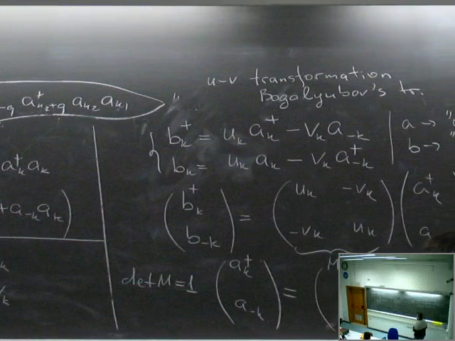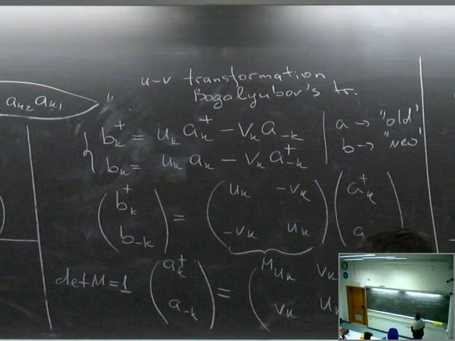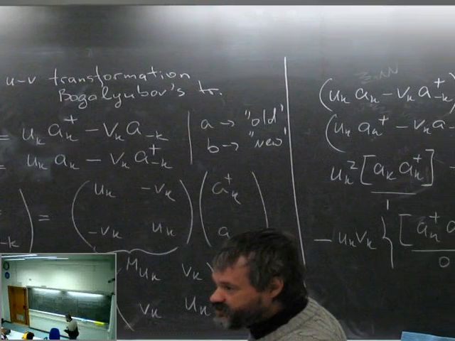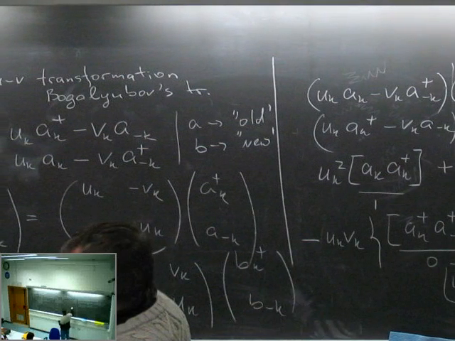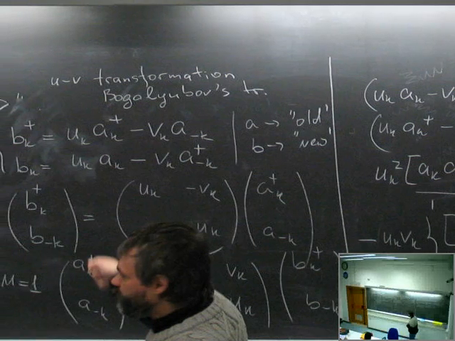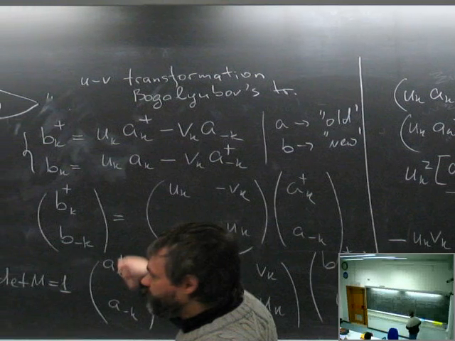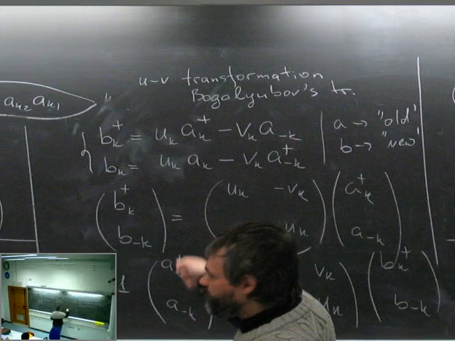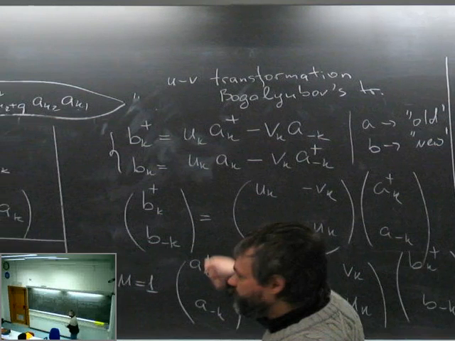So, what is interesting here? We have a linear transformation of our operators from old to new and the inverse one, and surprisingly, this transformation is not unitary. It does have an inverse, but it is not unitary.